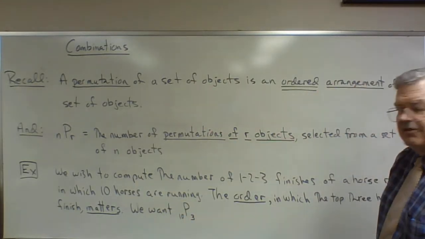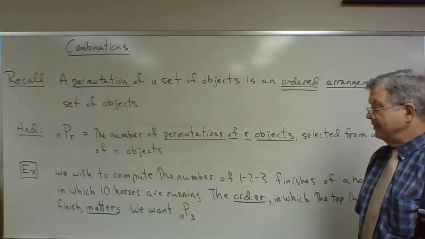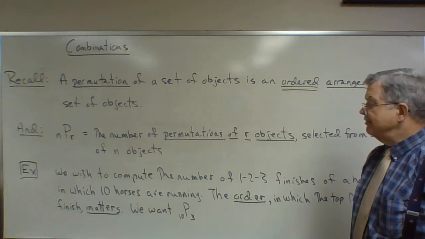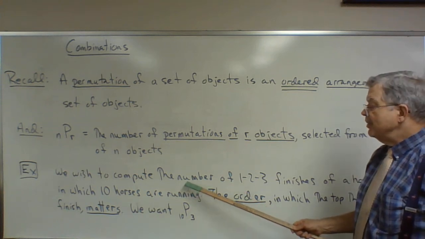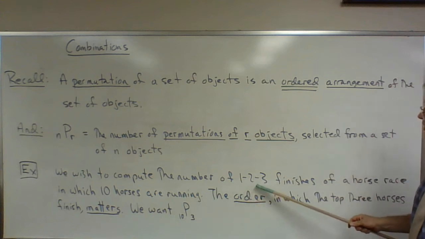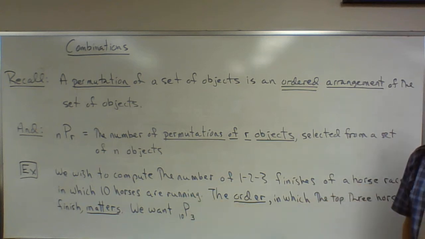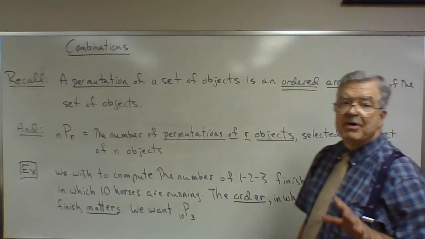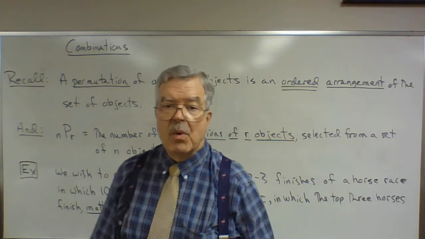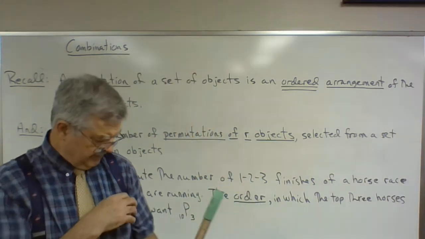And the classic example here is a horse race with 10 horses running. Suppose we want to compute the number of 1, 2, 3 finishes of a horse race in which 10 horses are running. And remember, in a horse race, order matters.